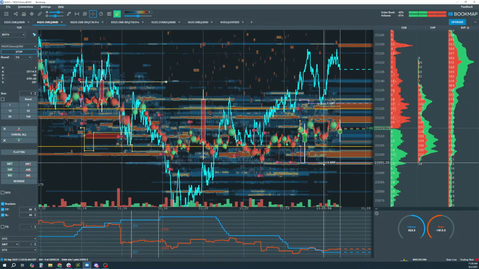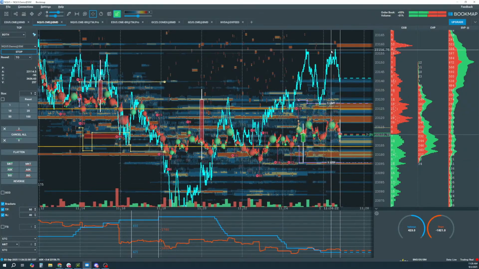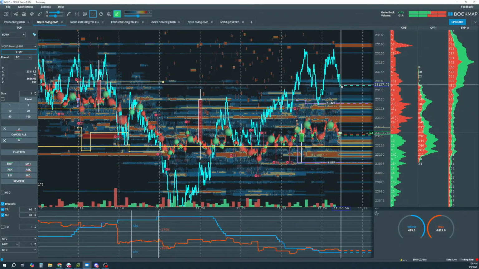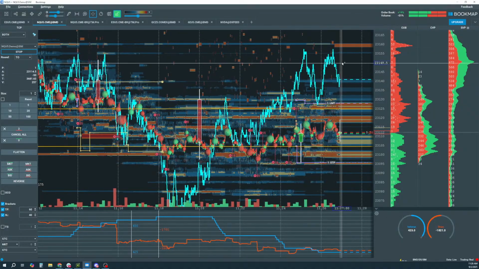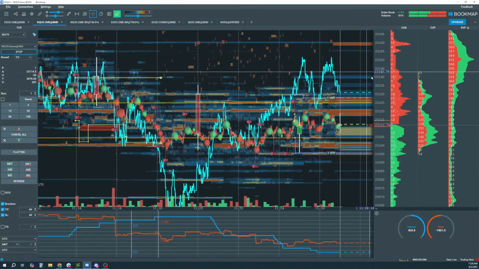Yeah, see, a double top up in here. And it's pulling back. So NVIDIA's got to get back up here and break out. It's going to pull that Nasdaq up.